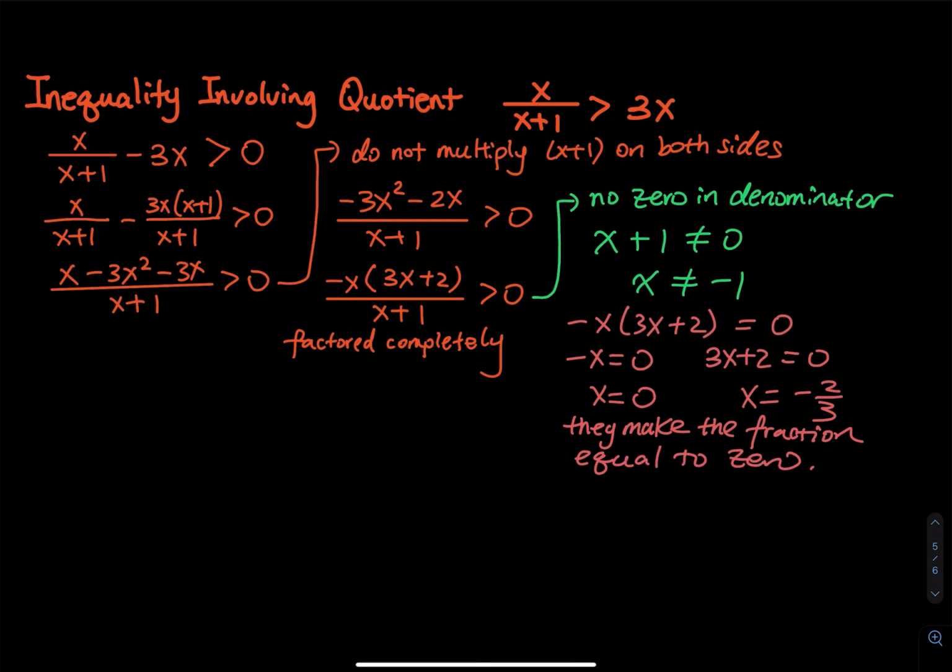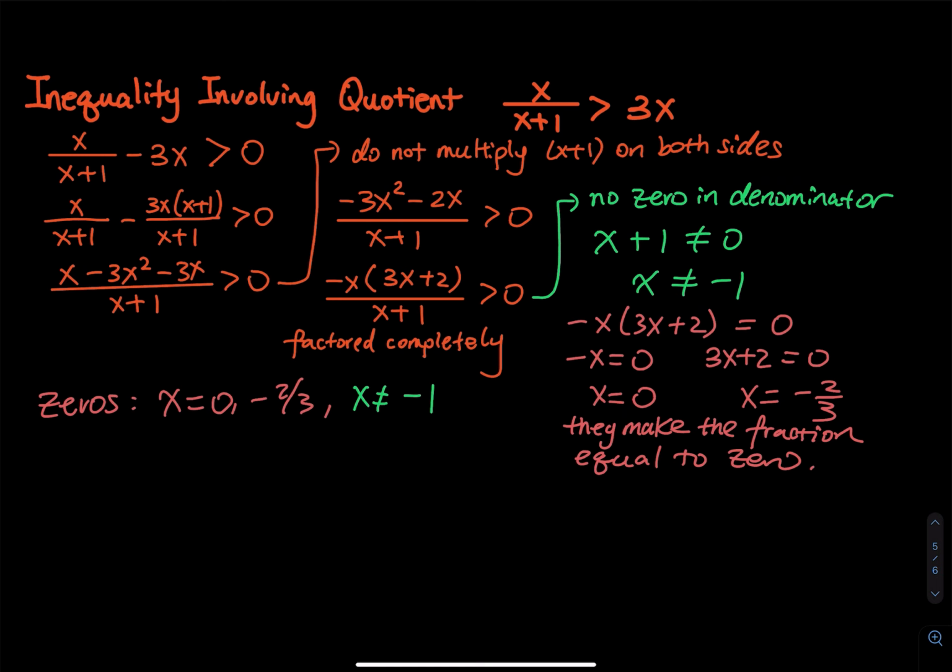So they make the fraction equal to 0. And then the next step is we will have to draw our interval. So how many zeros do we have? Our zeros are x equals 0, negative 2 over 3, and also x not equal to negative 1.